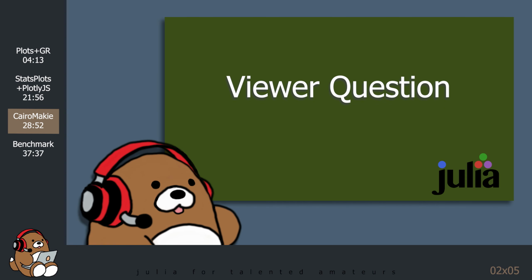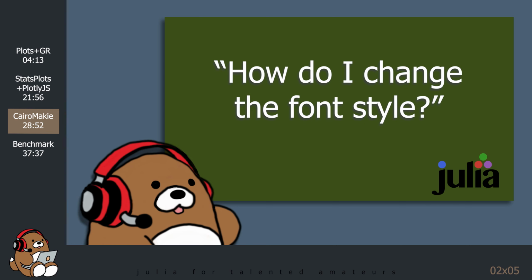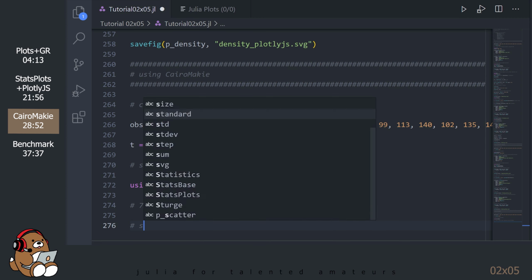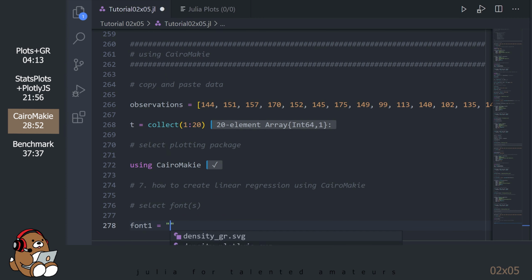Before I move on, I wanted to address a question that I received in the comments section on a previous tutorial. The questioner was asking how to select different fonts using CairoMakie. Here's how to select different fonts.